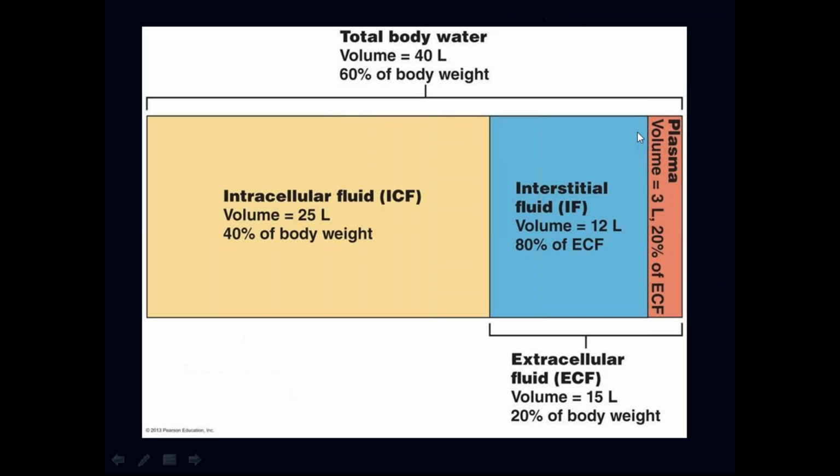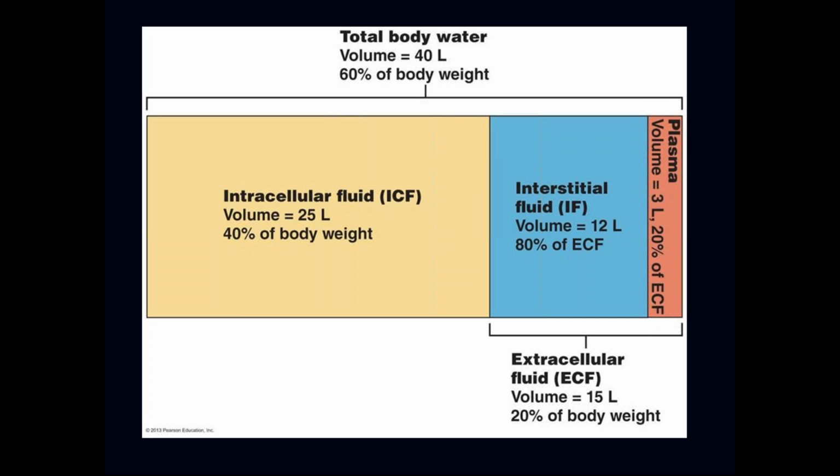So what I just want you to remember is that in adult life, about 60% of the body weight is going to be water. When you are a newborn, 80%, and when you're getting older, about 55%. It's important to know about this.